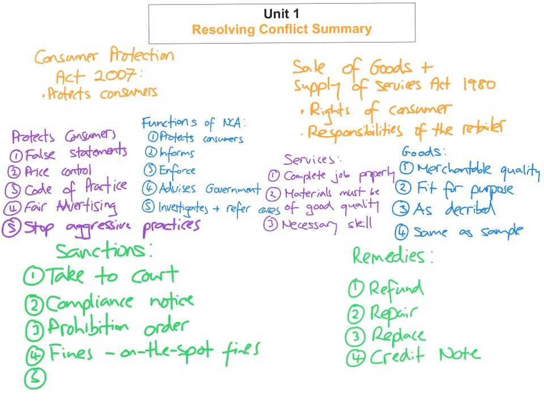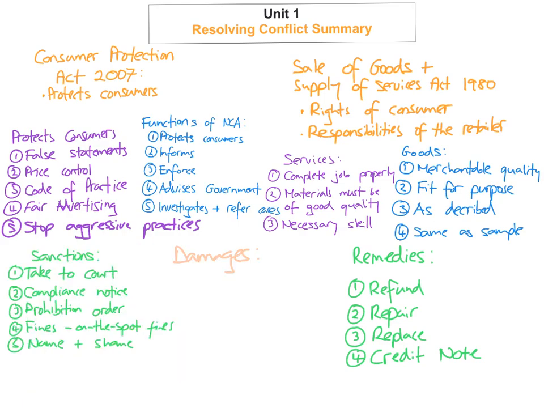The fifth thing they can do is name and shame the business, so the retailer. And how they name and shame is by publishing a consumer protection list of traders' names who have not complied with the consumer protection laws.